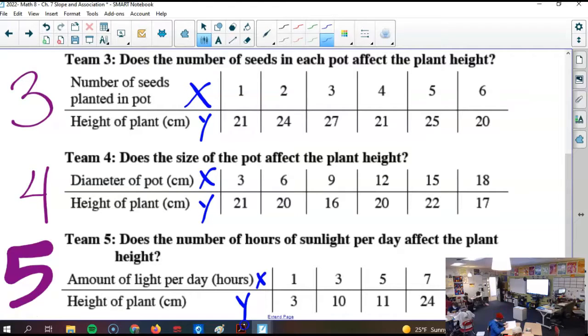Now we can see: is the height positively associating, negatively associating, or no association with the diameter of the top? You guys are diameter, right? It looks like when the diameter is going up, the point height goes down, then up and down. Yeah. Max needs a pattern.